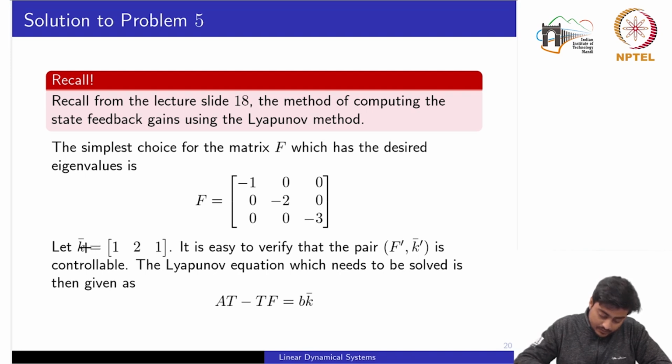In the second step, we choose an arbitrary k bar such that the pair F transpose, k bar transpose is controllable, and then we solve the Lyapunov equation as this one to compute this T matrix.